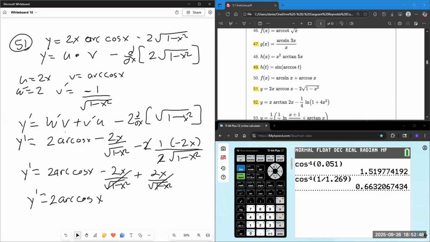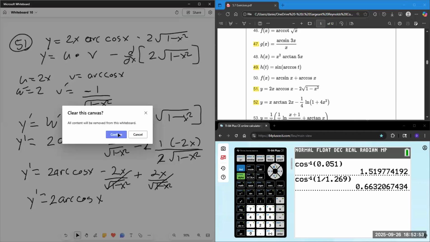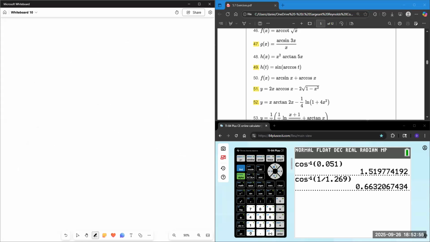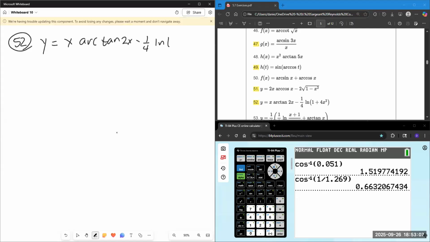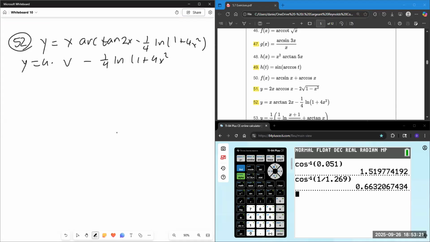Let's look at 52. Very similar problem where they give you an extra piece that's going to help zero out something from the product rule here. So y is equal to u times v minus 1/4 ln of 1 plus 4x squared.